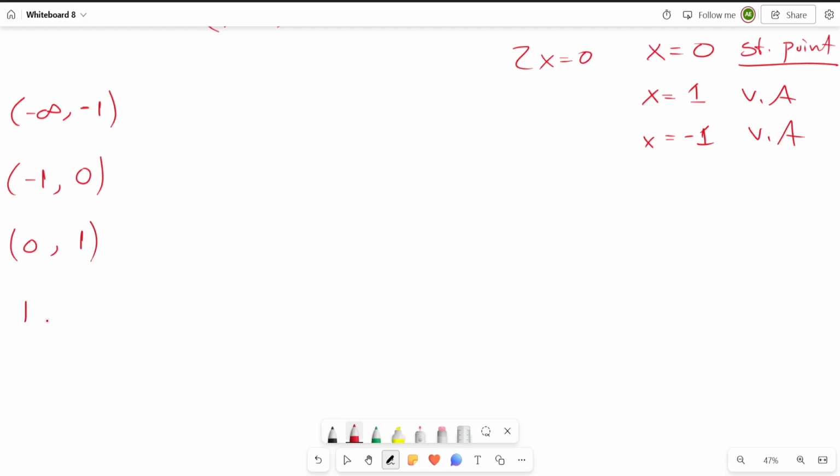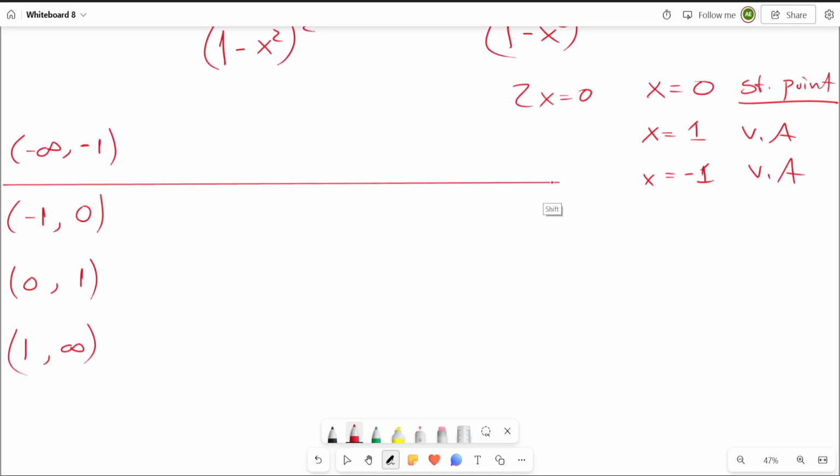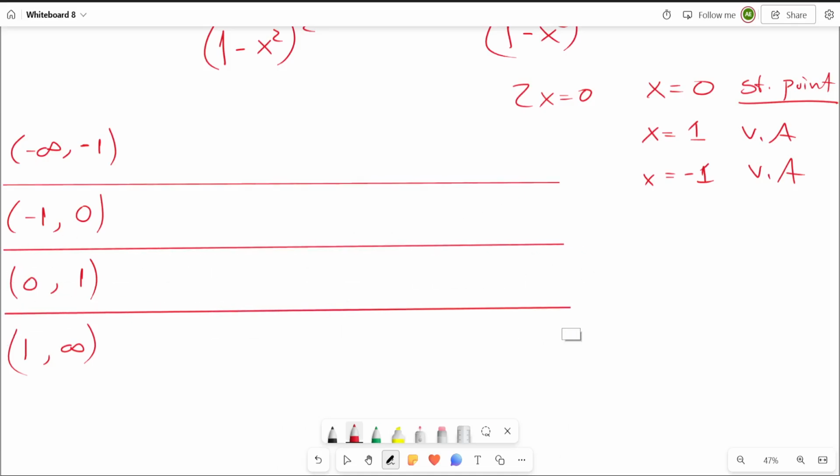Fourth one is going to be from 1 up to infinity. Because now we're considering all these points. So basically I'm considering every interval between them, and the intervals after and before the lowest and the highest one. Okay. So let's do a neat, nice table to help us visualize everything.